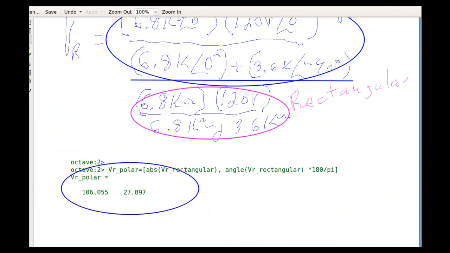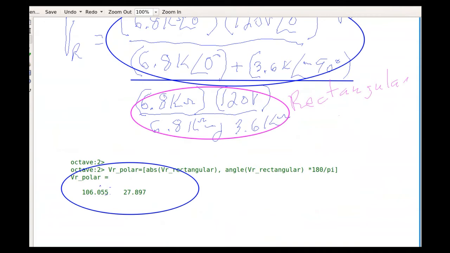All right, so yeah, this is 106 amps. Not, well, wait a minute. Oh no, this was a voltage. Okay, yeah, 106 volts.